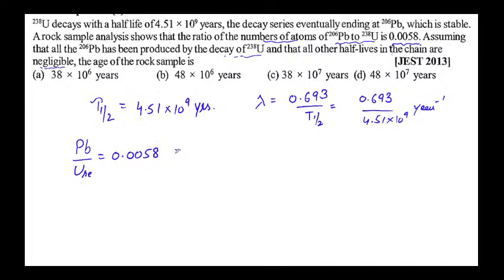So from that we can say that lead will be equal to remaining uranium multiplied by 0.0058.